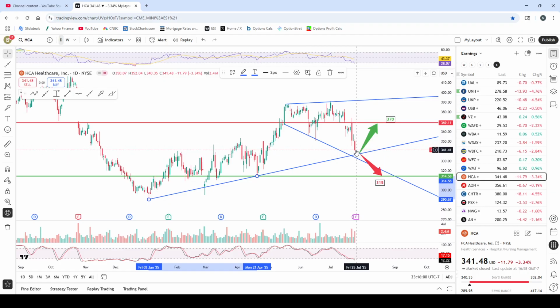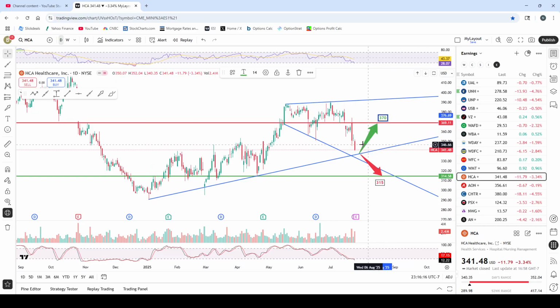So it might have a little bit more to come down, and then maybe we'll bounce. So that is why I say it's about 45% of a bounce.